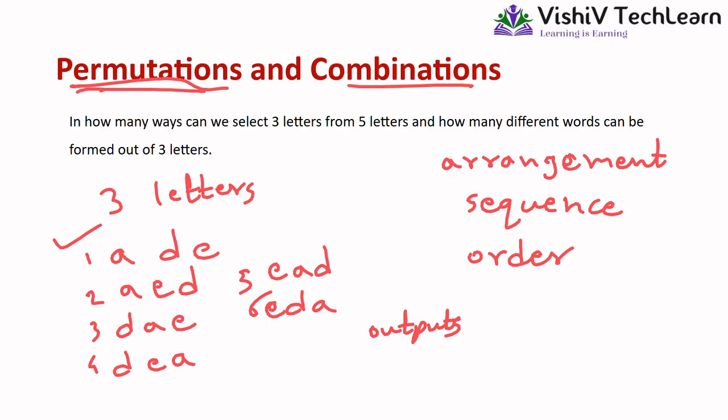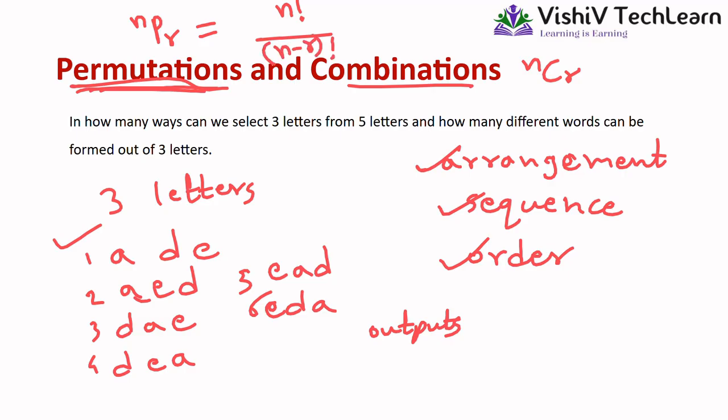So in case of permutations, the arrangement, the sequence, the order will be considered. So in case of permutations, if we want to check how many outputs we have, we will be using the formula nPr. In case of combination it was nCr. In case of permutations it is nPr, and this is given by n factorial upon (n minus r) factorial. Correct? So let's apply this formula over here in case of these 3 letters.